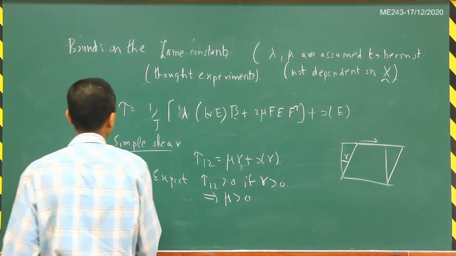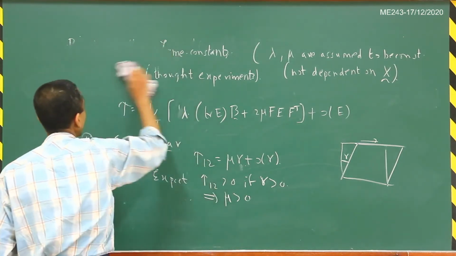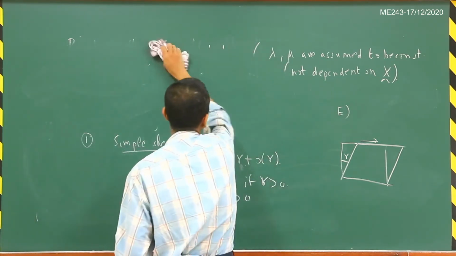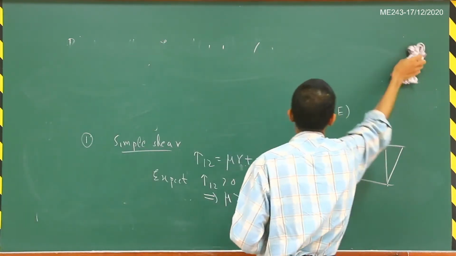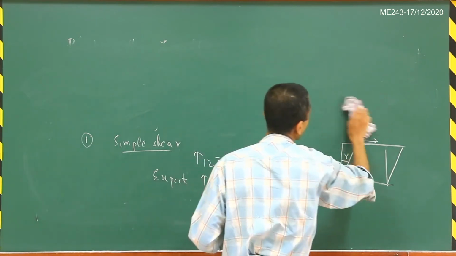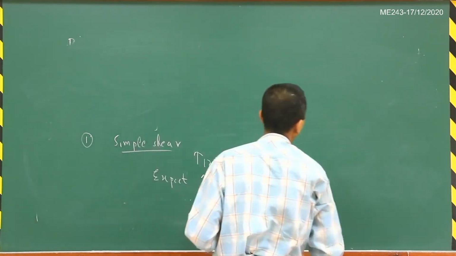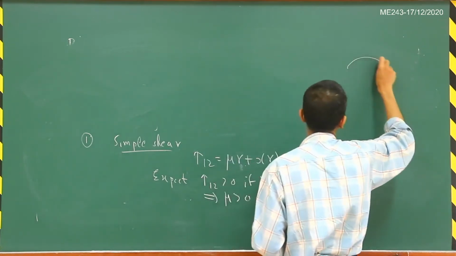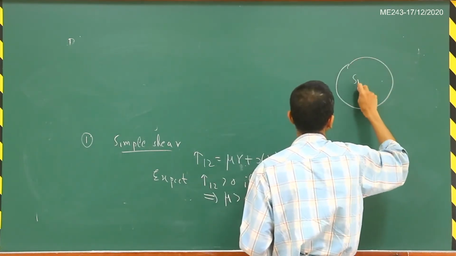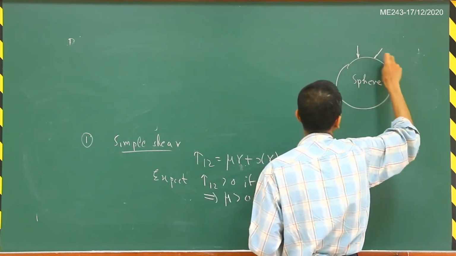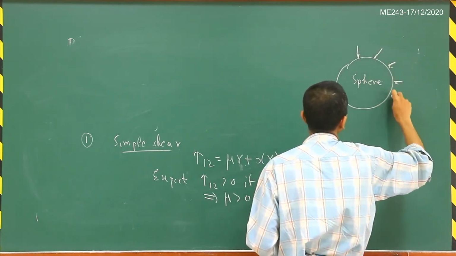Okay, then the second thought experiment is that of uniform compression of a sphere. So now you take a sphere, and apply uniform compression on all sides like this.